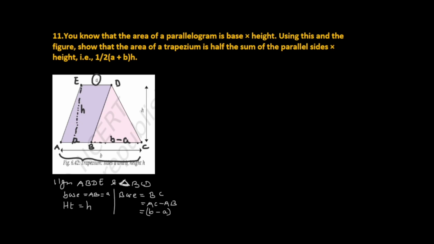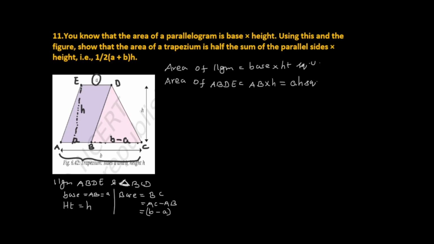Now we know that area of parallelogram is equal to base into height square units. That is the formula for area of the parallelogram. So area of parallelogram A, B, D, E is equal to base AB into height. So AB is A and H square units. That is the area of the parallelogram.